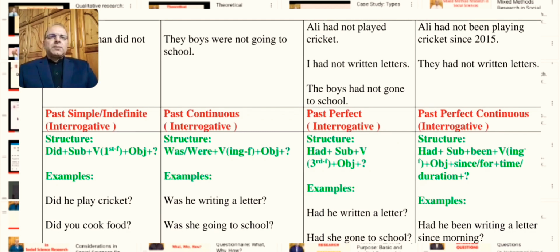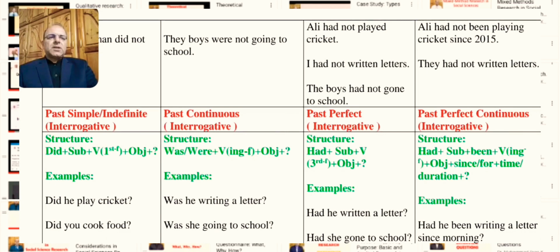The general structure of the past continuous interrogative: you can just see was, were, plus subject plus verb ing form, plus object and question mark. And the past perfect: had in the beginning, plus subject plus verb third form and object. And the past perfect continuous form: had plus subject plus been plus verb ing form plus object plus since or for time duration.